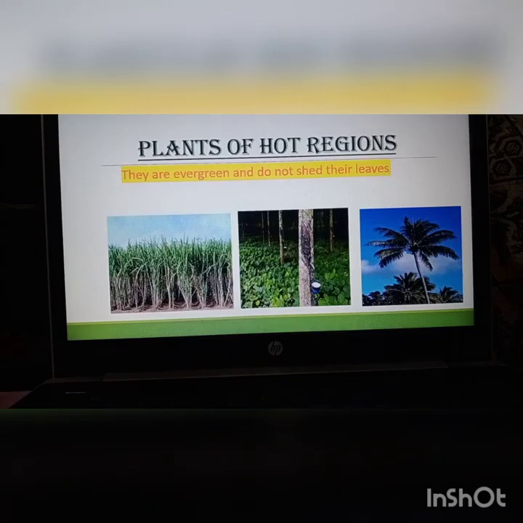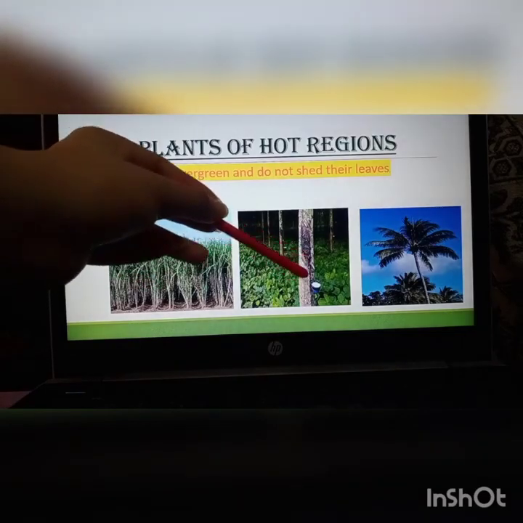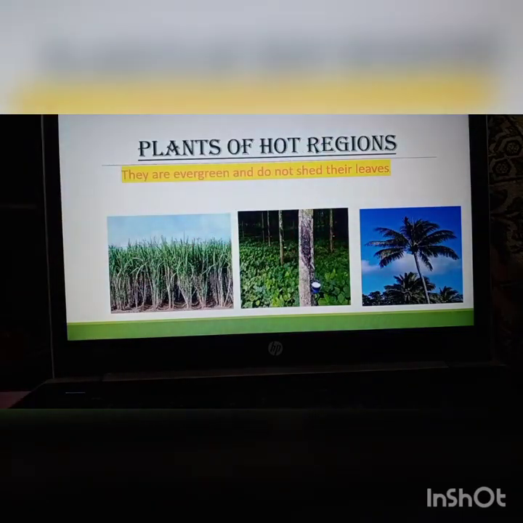Examples are sugarcane, as you can see in this image, the rubber tree and the coconut tree. And apart from these examples, there are coffee and tea. These are examples of hot region plants and trees.